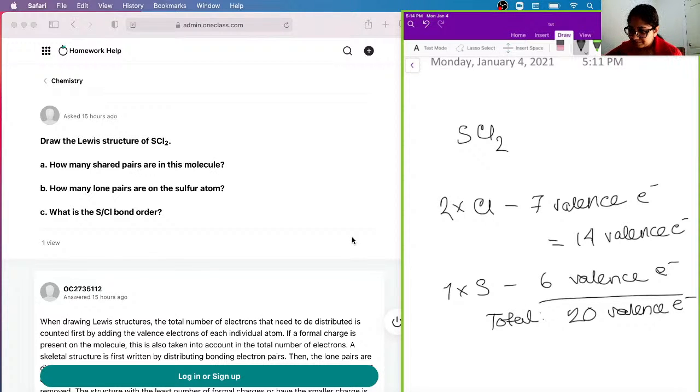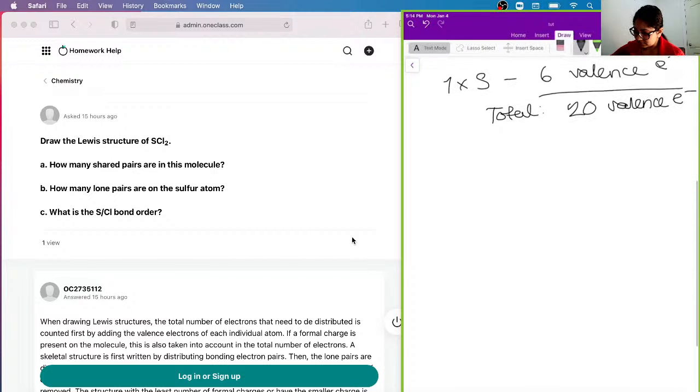So the way they would be arranged, you have sulfur in the middle, and it is attached to 2 chlorine atoms. Sulfur has 6 valence electrons, and it would have 2 lone pairs, where it's bonding the other 2 electrons with the chlorine.